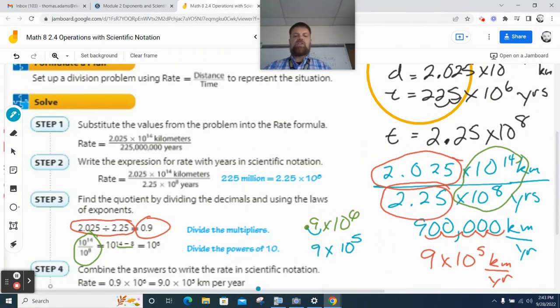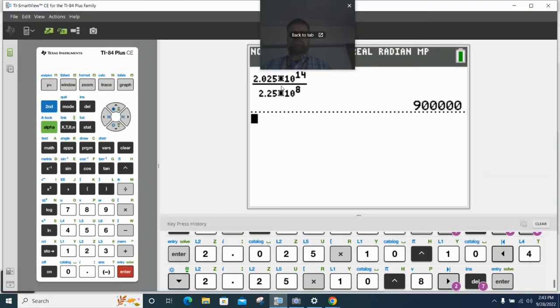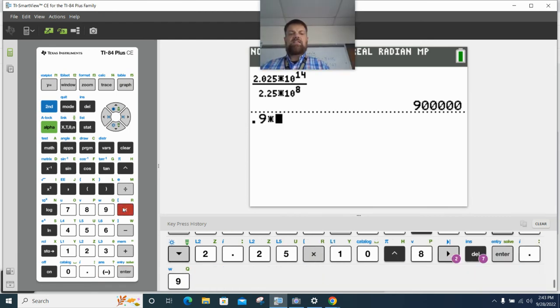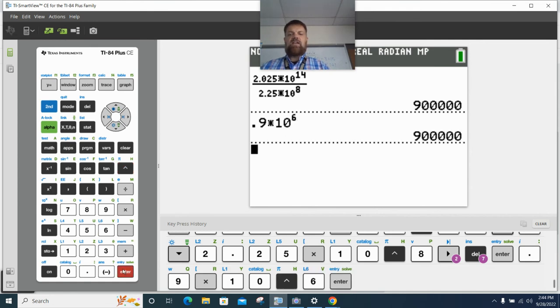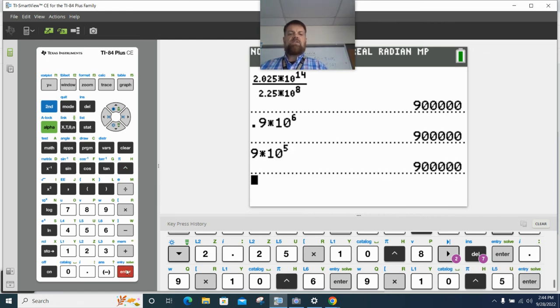If I'm not sure, I could double check this a gazillion ways. I could say 0.9 times 10 to the 6th, and I get the same thing, 900,000. Well, I might say to myself, is that the same as 9 times 10 to the 5th power?